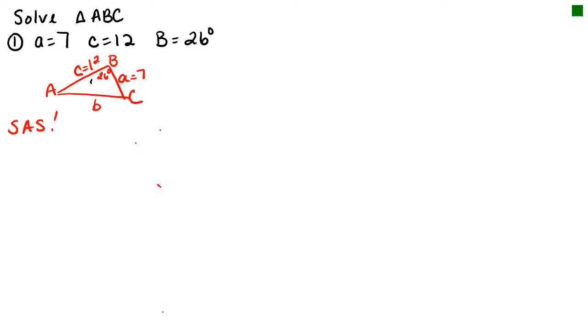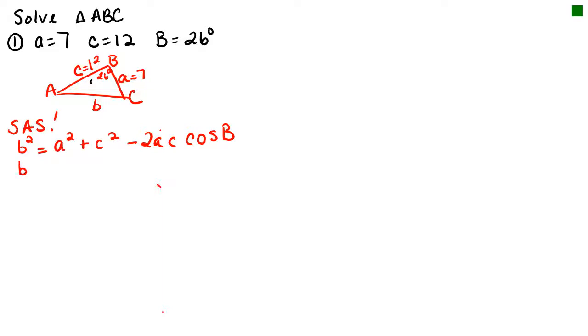If I knew what angle A was, then I could do sine of A over A, sine of B over B, but I don't. So to find side B, the only choice I have is to use this. All I know is one angle value, so I'm going to have to use this to find the missing side. Then I can find the other values.